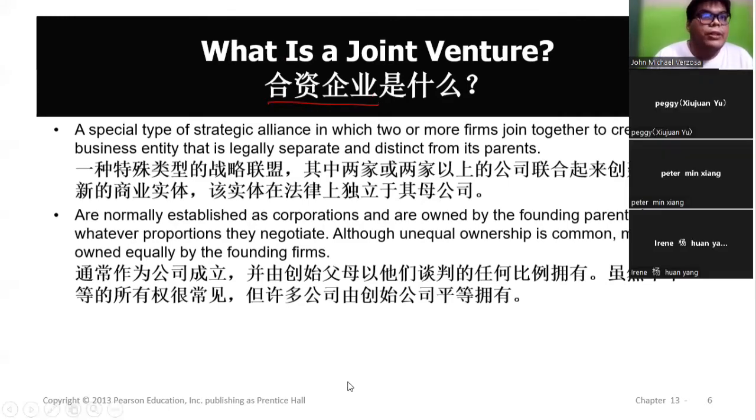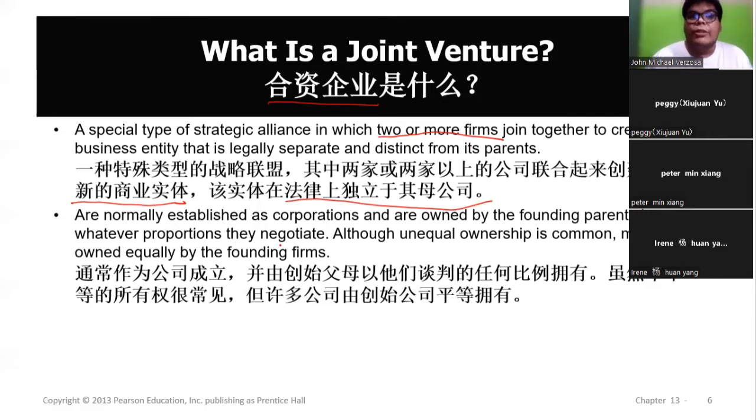It is a special type of strategic alliance in which two or more firms join together to create a new business entity that is legally separate from its parent company. Okay?